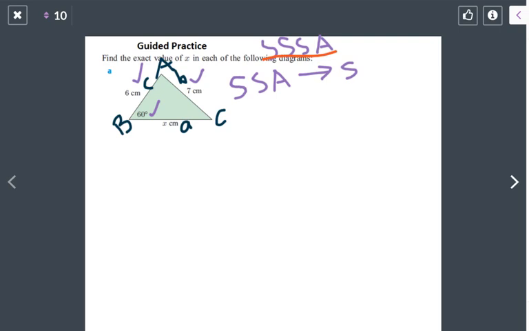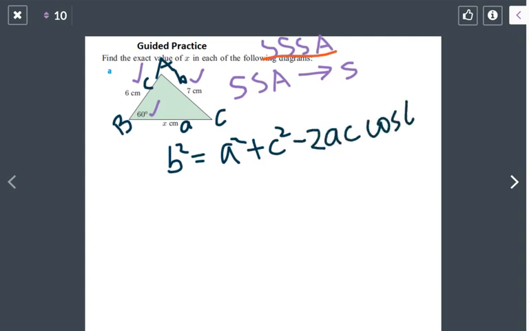So I'm using b squared equals a squared plus c squared minus 2ac cosine 60 degrees. I plug in.